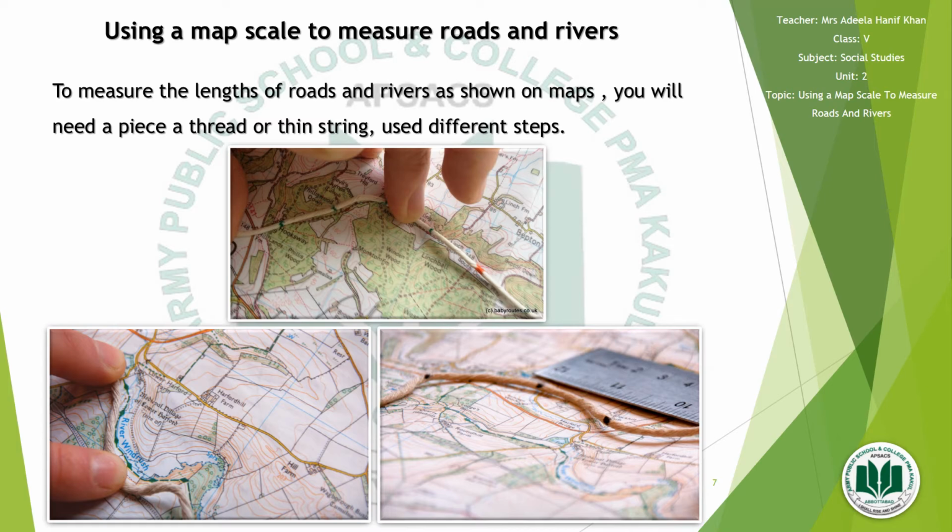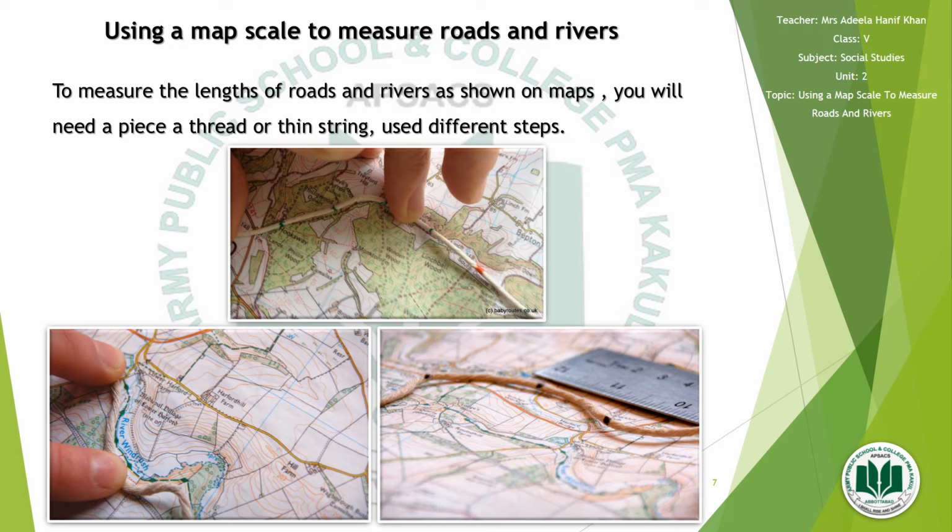First step is locate the road or river you want to measure on the map. Second step is place one end of the thread at one end of the road or the river you want to measure and mark the starting point with a pen.